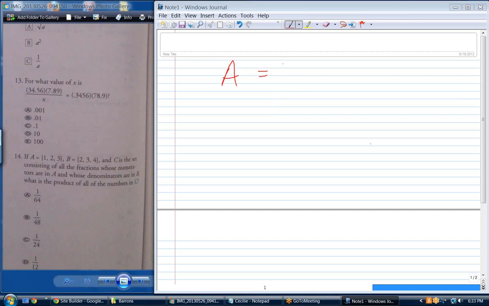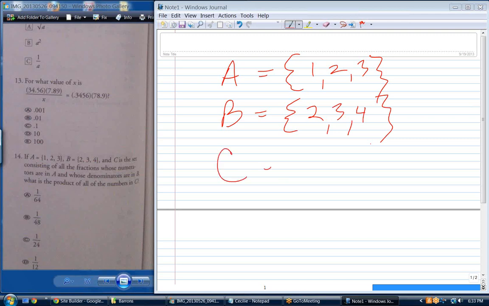So if we have A equals 1, 2, 3, and B equals 2, 3, 4, C would be what?